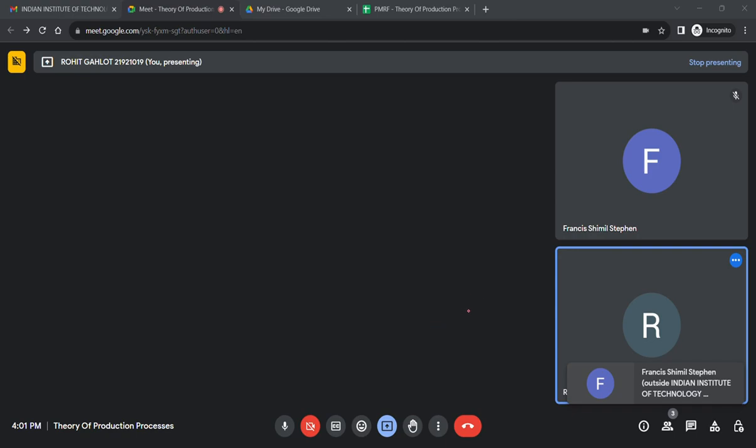Then it will be calculated. It will come around 30 by 70, which is 1.76. So we calculated the modulus of the casting.